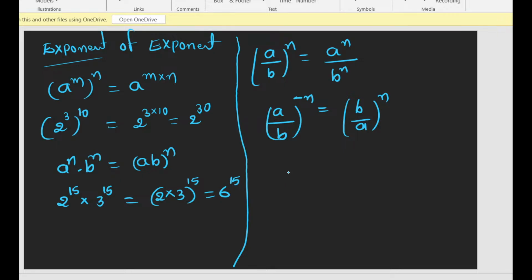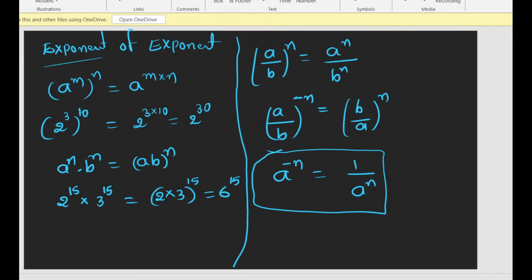Why? Because we already know a power minus n we can write as 1 by a power n. For example, 10 power minus 3 we can write as 1 by 10 power 3.